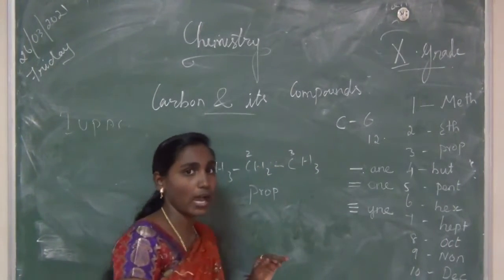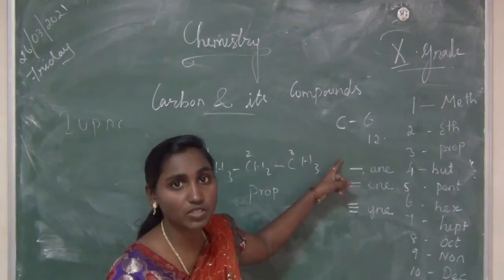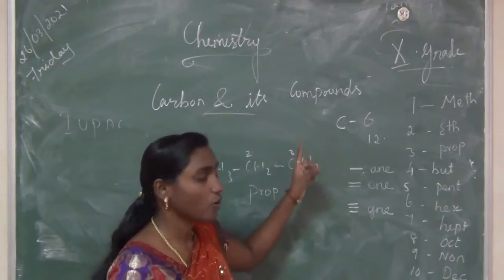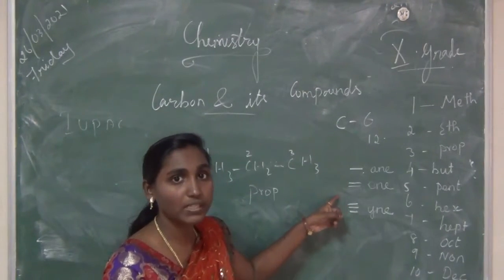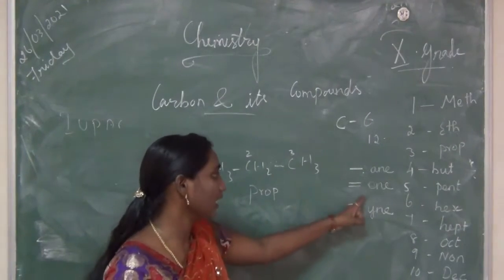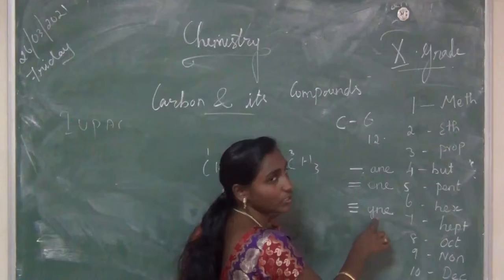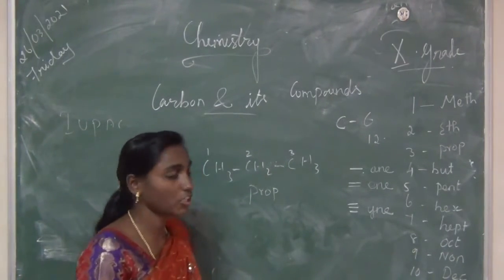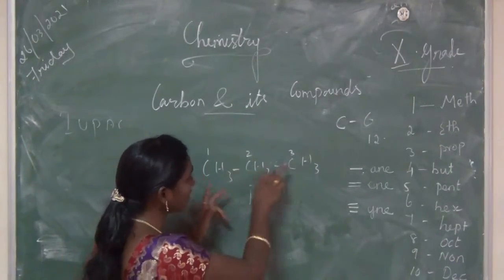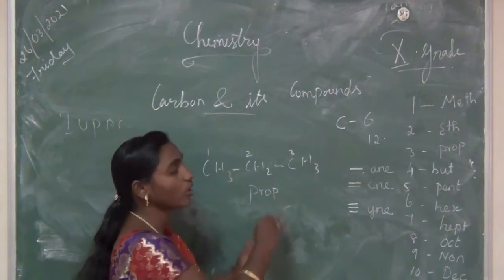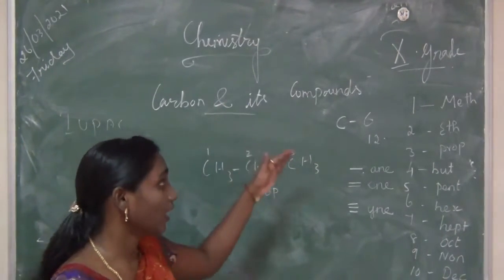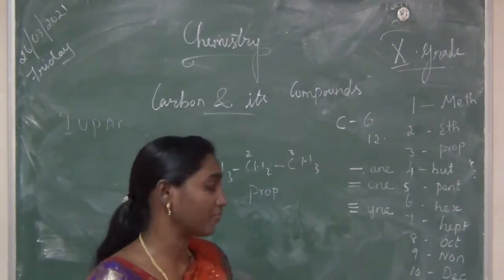If one compound has a single bond, the suffix is ANE. If one compound has a double bond, the suffix is ENE. If one compound has a triple bond, the suffix is YNE. Have you understood? So now we have completed the root word. Next we are going to apply the suffix.